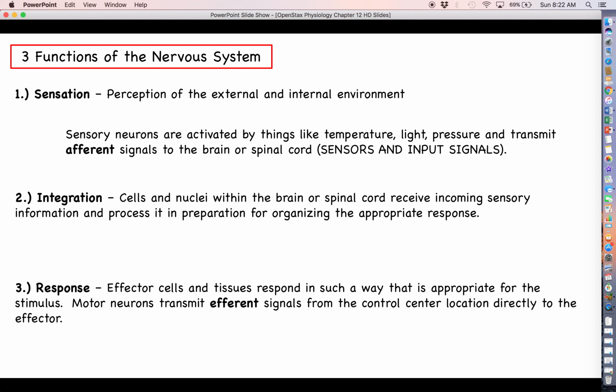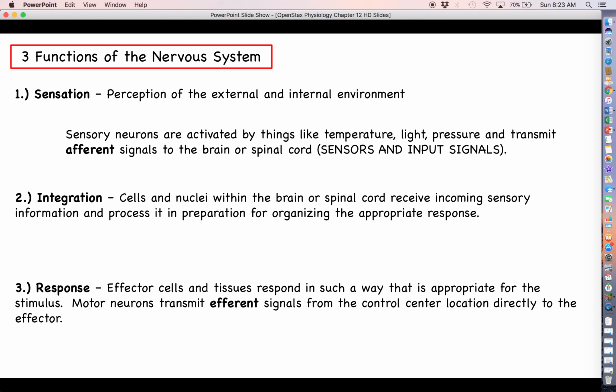And then finally, the response. So the nervous system basically in a neural reflex is responsible for everything from the sensor all the way up to the effector and the response, getting the information to the effector so that we can get the response. So effector cells are not actually going to be part of the nervous system, but as I was indicating, the nervous system is tasked with getting the information, that efferent information, delivered to the effector effectively, right?